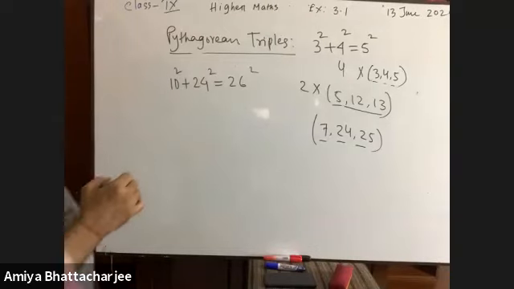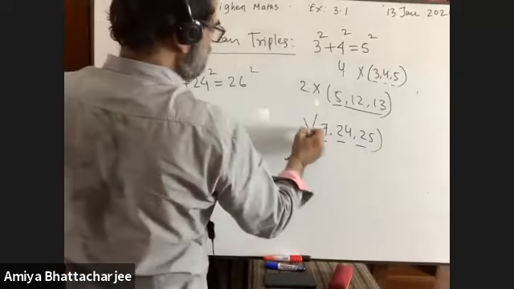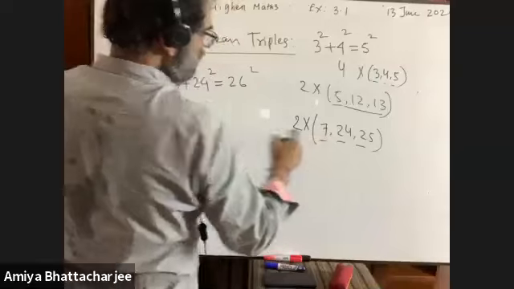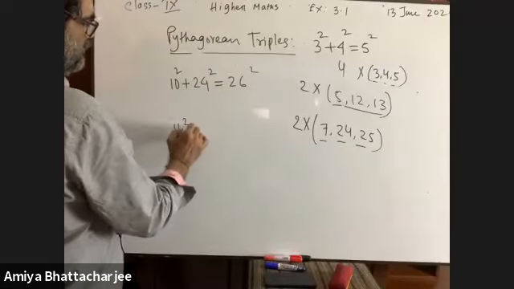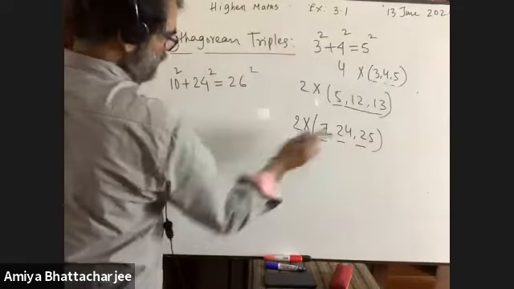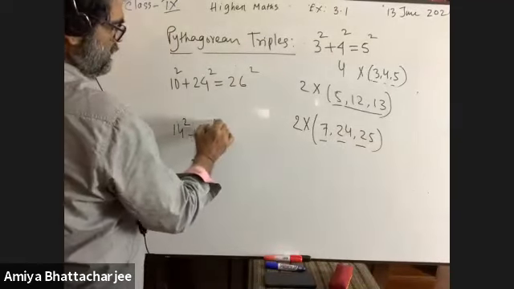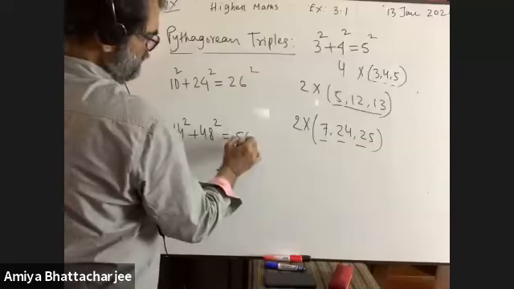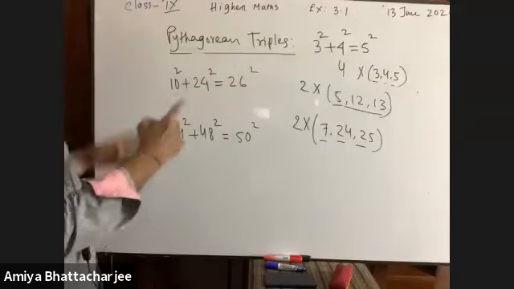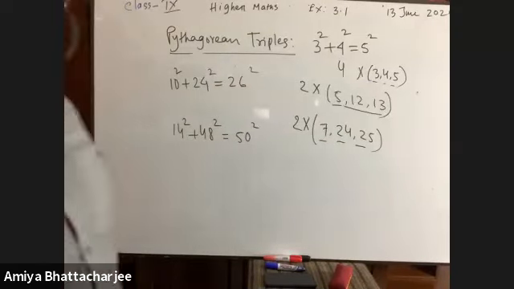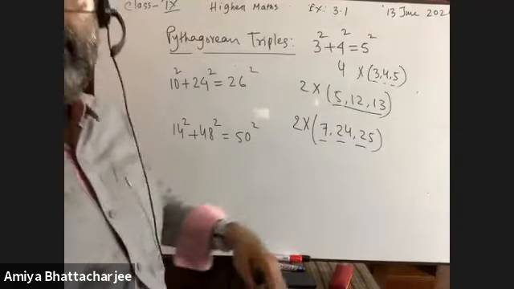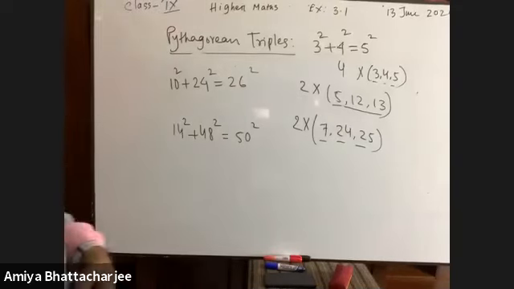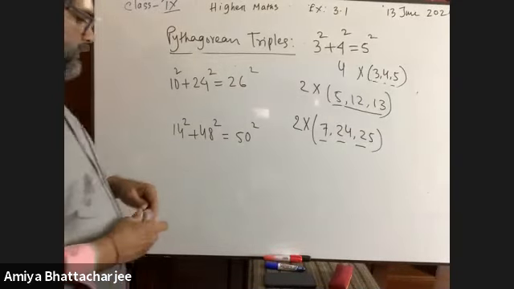If we multiply 7, 24, 25 by 2, we'll get 2 sevens, 14, plus 2 into 24, 48, equals 50 square. These are called composite Pythagorean triples, and we can easily find them by multiplying. Have you got me?